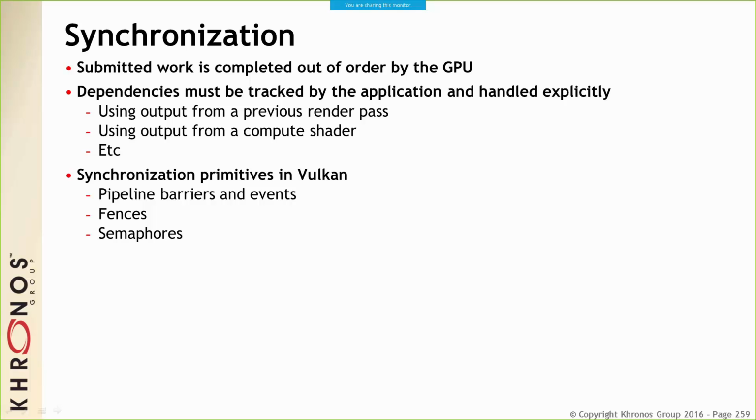As soon as possible, you have to get away from this model and actually overlap stuff and try to do it right. So there are lots of hazard cases you will run into, like using output from a previous render pass, or doing some compute that you will use in a render pass, that kind of stuff. I'm not going to cover much of synchronization since it has been done in great detail today.